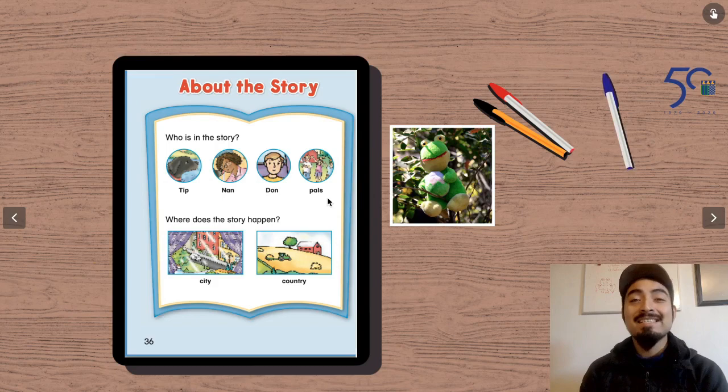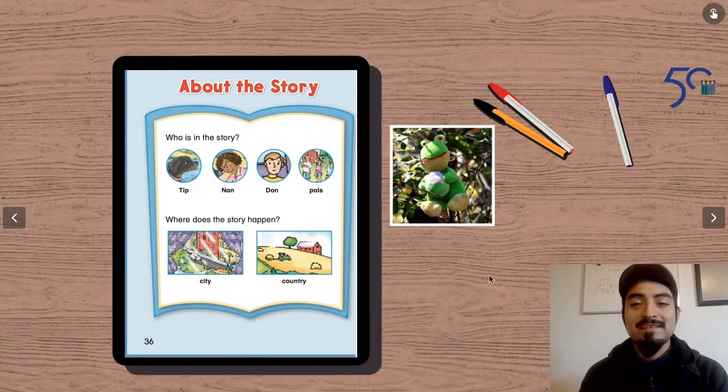In the last session of English, you learned that the main character was Tip, the most important character in the story. Second question says, where does the story happen? The story happens in 2 places, the city and the country.